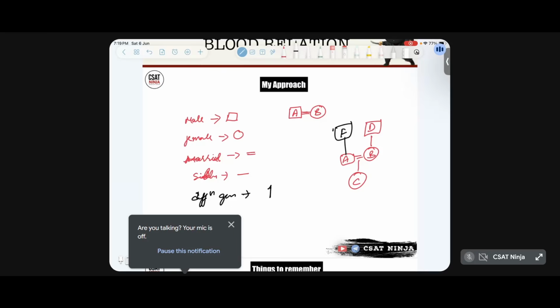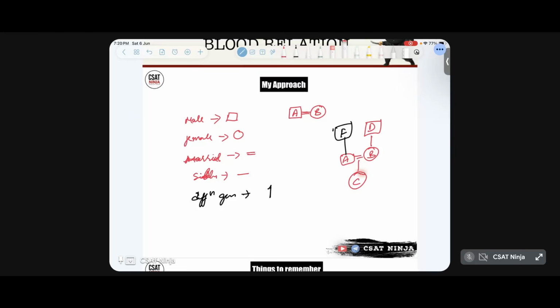So let me represent it this way. According to C, F is C's father's father, which means this is the father's father, so we can represent it as the paternal grandfather. But in this case, this D here is C's mother's father. We call it the maternal grandfather there.